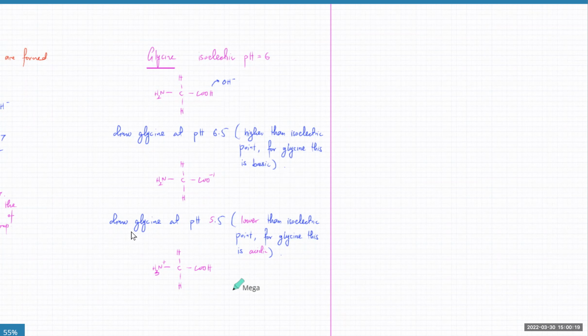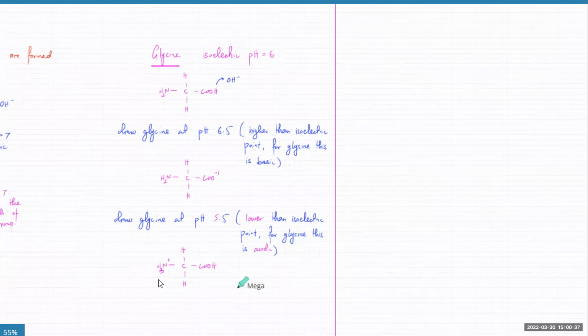And if the medium has a pH below the isoelectric point, you will consider the solution acidic, and in that case the amine group would be the one that would gain H+. Okay, is this clear to everyone? Yes, sir, clear.